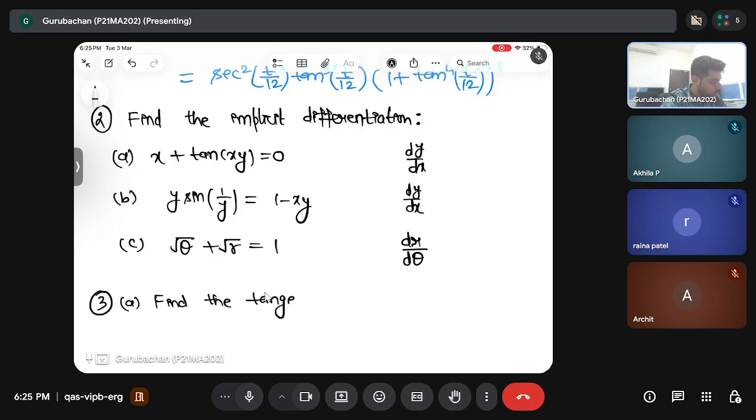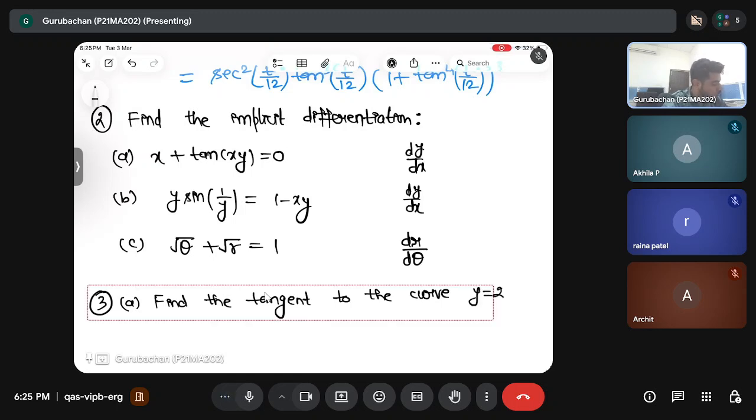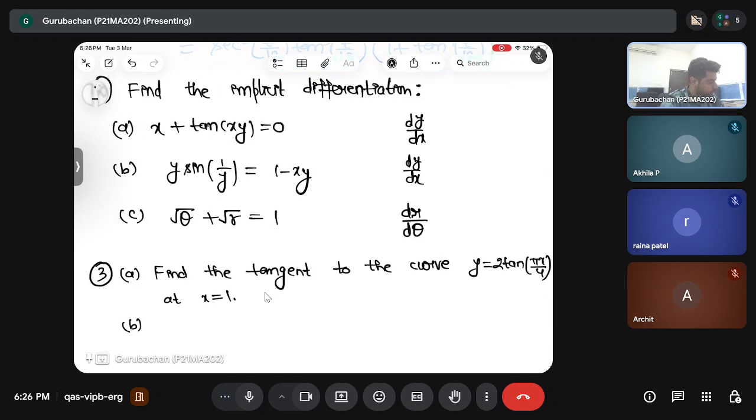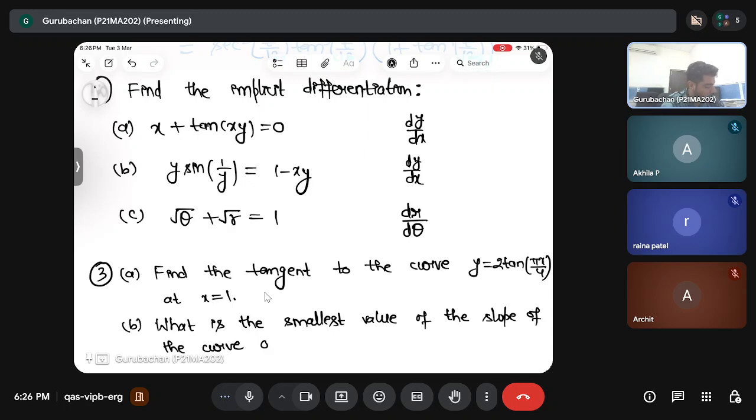Find the tangent to the curve y is equal to 2 tan pi x by 4 at x equal to 1, and the other part is, what is the smallest value of the slope of the curve on the interval -2 to 2?